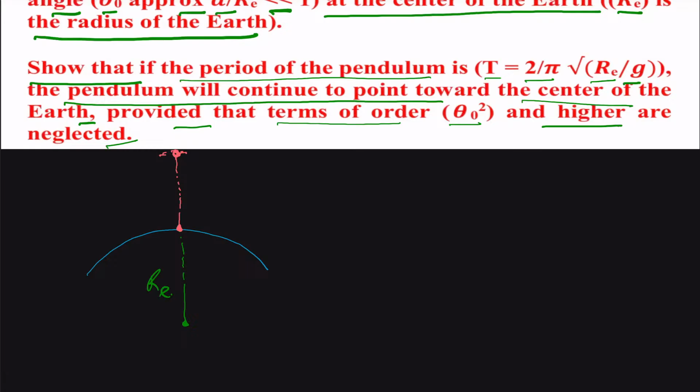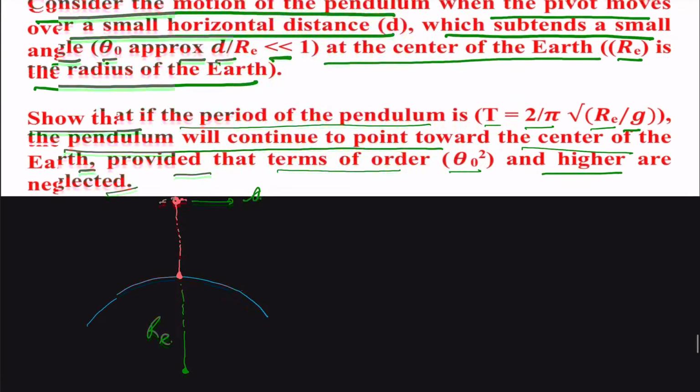It is stated in the question that we move this pivot point through an acceleration A, such that the bob is making an angle of theta naught.